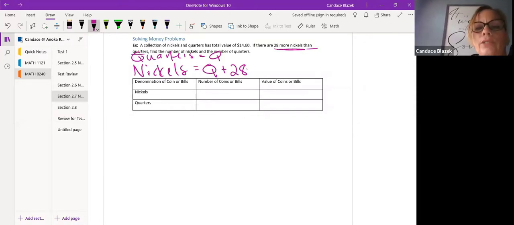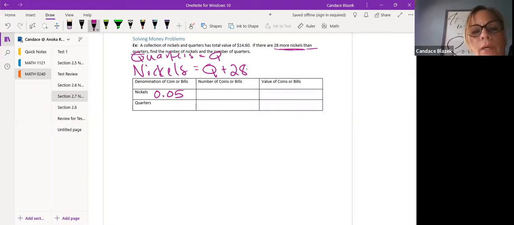Now we're going to organize some information in this chart. With the denomination of coins, I know that nickels are 5 cents, or 0.05 in value compared to $1.